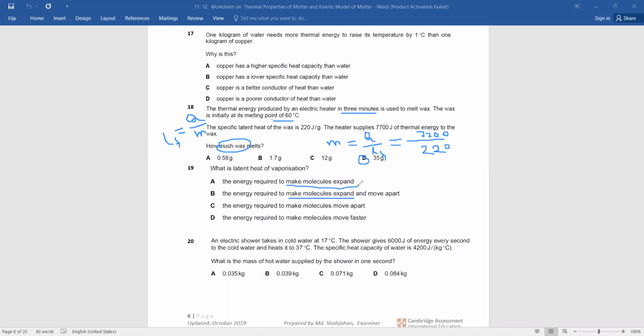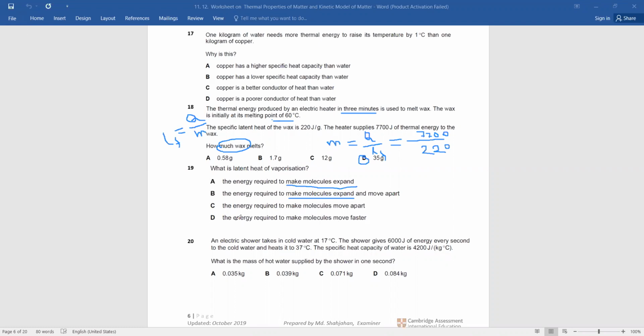So molecules can never be expanded, they can only move far apart. Now during vaporization, when the container is open, molecules move far apart.